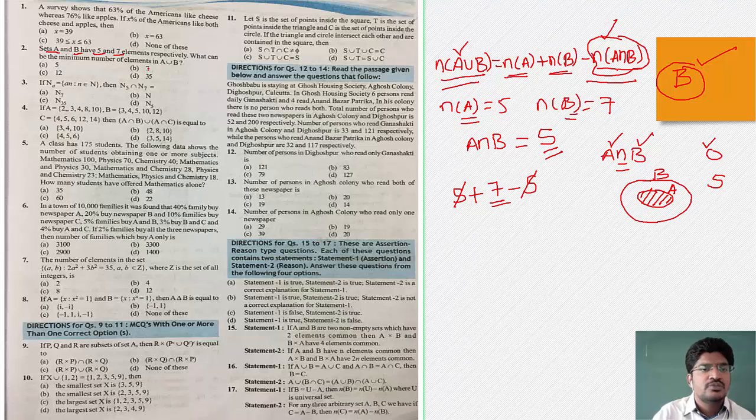See here, you have option B. This is the correct answer, that is 7. Okay. Very tricky question, but this type of question can give you more knowledge. No problem. If you have any doubts, you can ask questions by commenting or by sending a message. No problem. Now let us go to the next question. Clear, students?